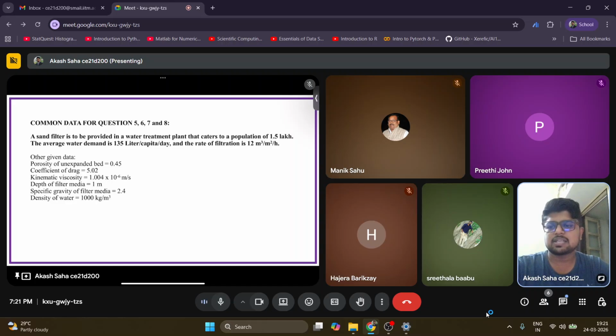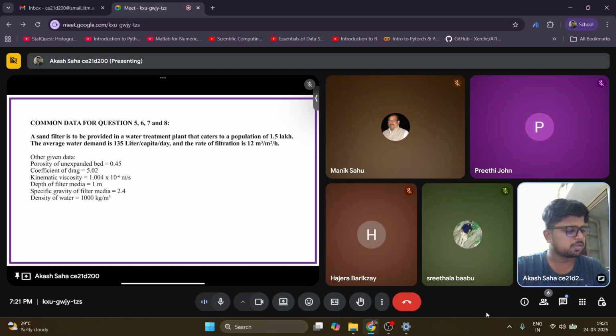And the other data is given: the porosity, the coefficient of drag, kinematic viscosity, depth of filter media, specific gravity, and the density of water. Okay, so take a screenshot of this question so that it would be handy for the other parts. Okay, I hope you have taken the screenshot. Better than noting it down, you just take a screenshot.